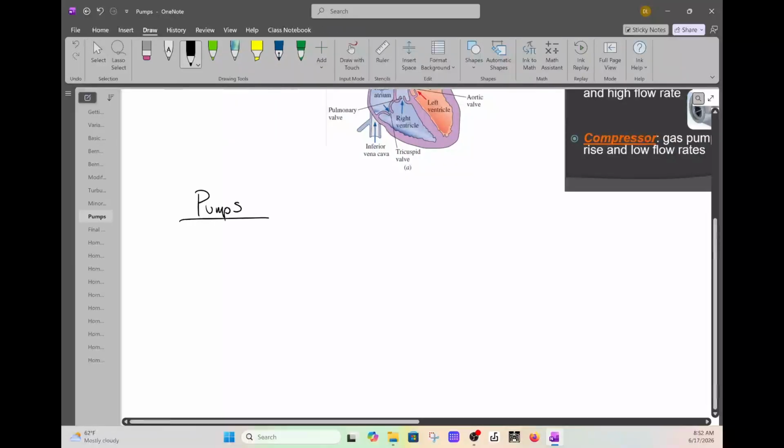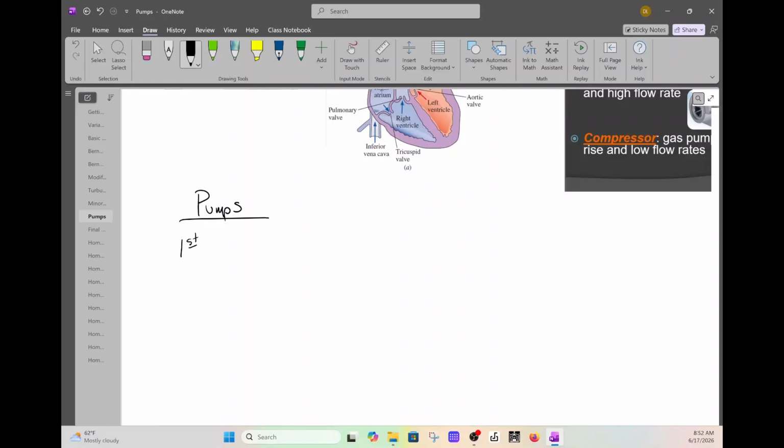Now I'm going to write the first law of thermo, and then we're going to use this and draw a sketch of a pump and go through this.